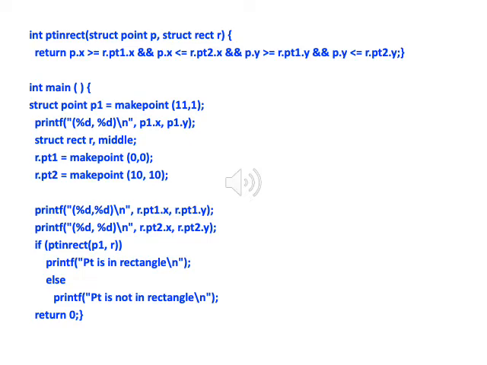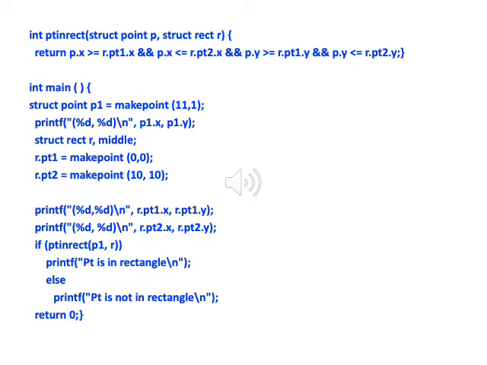So what we are returning, if you see the expression, is p dot x is greater than or equal to r dot pt1 dot x, and p dot x is less than or equal to r dot pt2 dot x. So we have to check whether the x component of point p is within the bounds of the x components of p1 and p2.